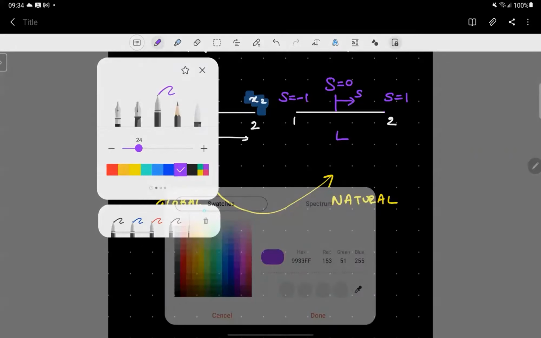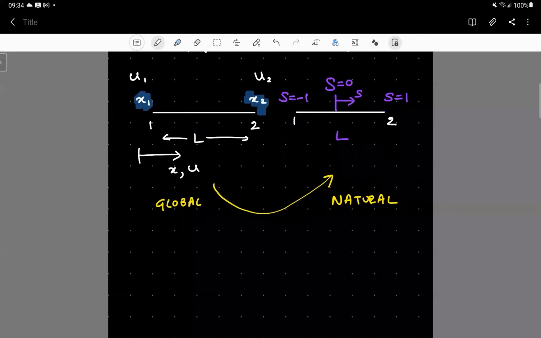Since we have selected these 2 coordinate systems, which are parallel to each other, we can now try to find the relationship between the x values and the s values, or the x coordinate system and the s coordinate system. Meaning, we should be able to go back and forth between the 2 coordinate systems. If we substitute the corresponding value, x1, the coordinate corresponding to node 1, we should end up getting -1 in the s coordinate system.